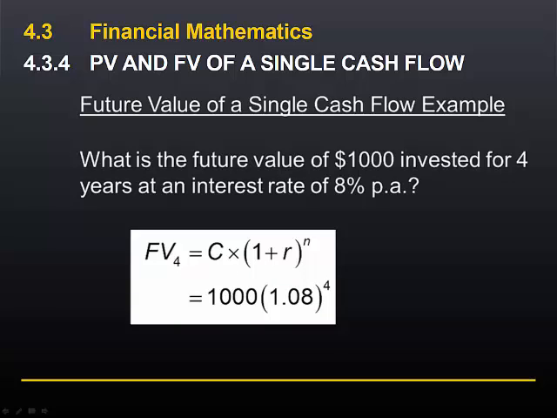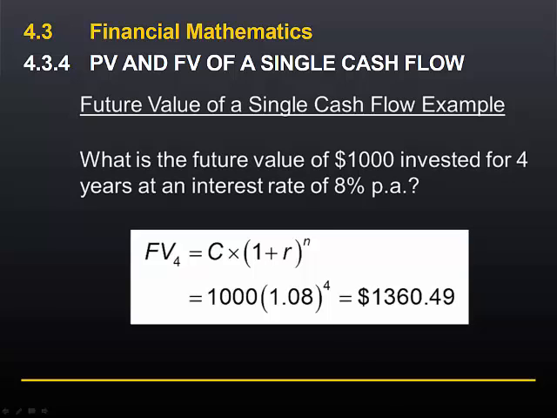All we need to do is substitute the known values into the formula and perform the calculation. The answer is $1,360 rounded to the nearest dollar. It's also important that you practice calculating all of these problems with your calculator to make sure you know exactly how to perform the calculations.